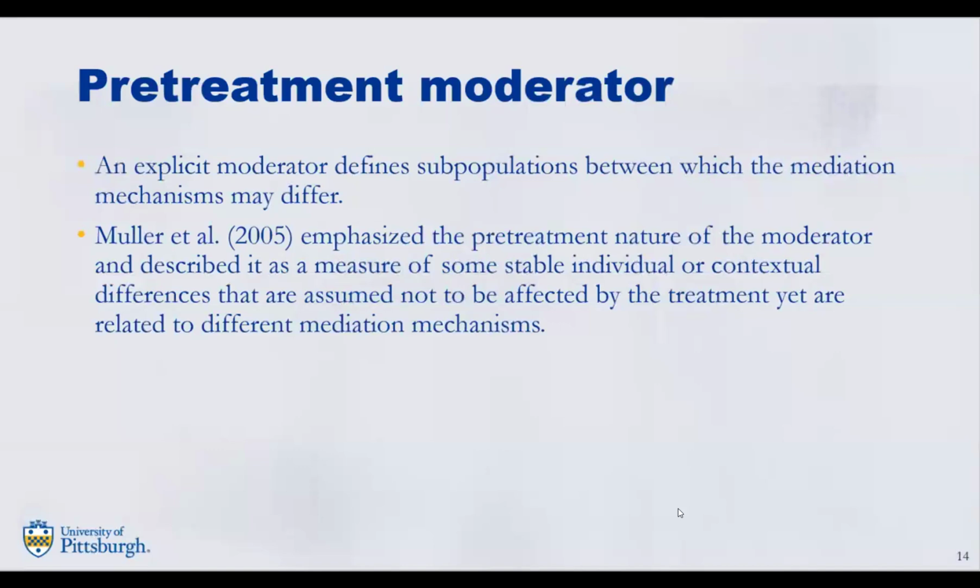By pretreatment here, we mean before the treatment. So the moderator in this course is measured before the treatment, or it is not affected by the treatment. It is unchanged over time.